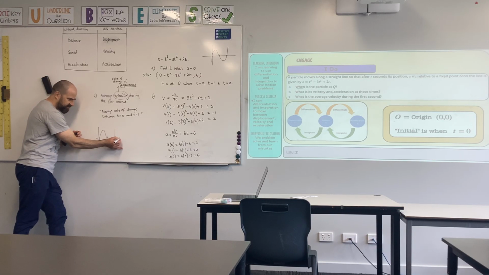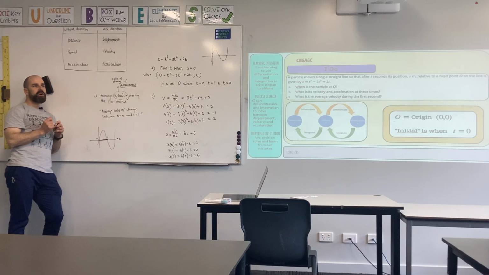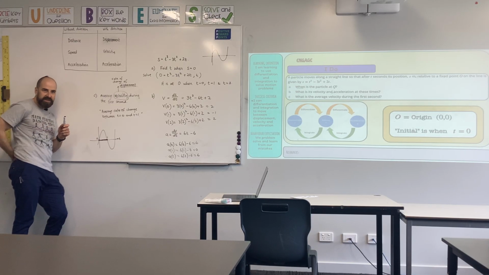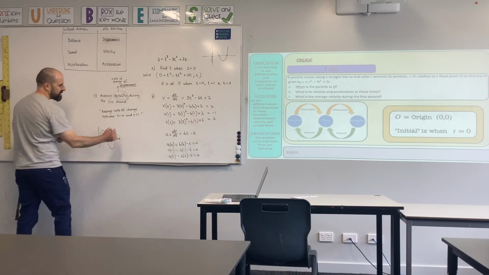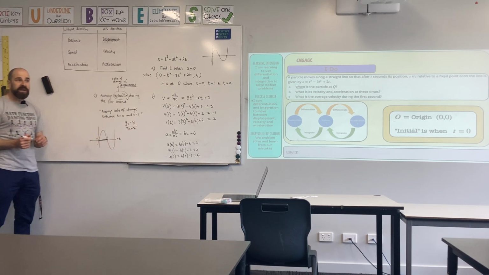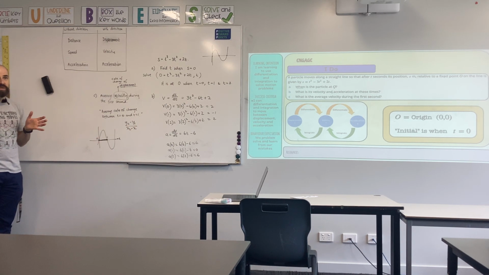Do you have notes on the average rate of change? Right, so y2 minus y1 divided by x2 minus x1. The average rate of change is just a gradient between 2 points.